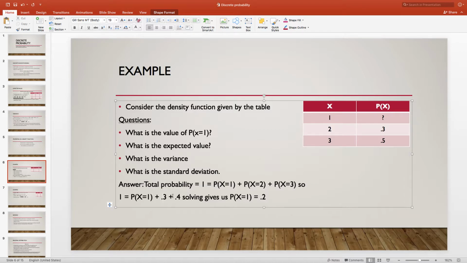And we can just subtract these two quantities from 1, move them over to the other side. That gives you probability x equals 1 is 0.2. So 0.3 plus 0.5 is 0.8. Subtract from 1 is 0.2. And that's our unknown probability.